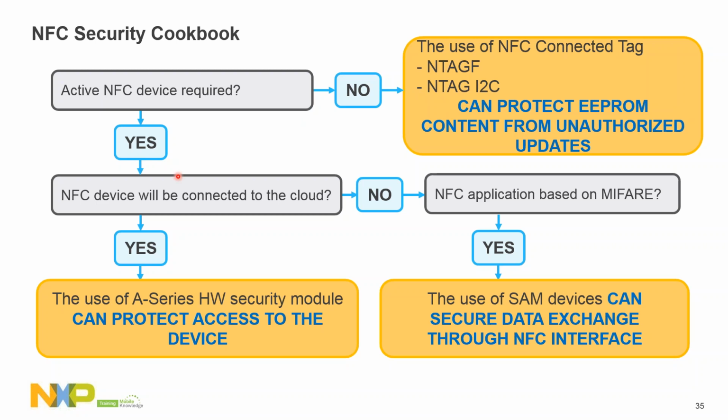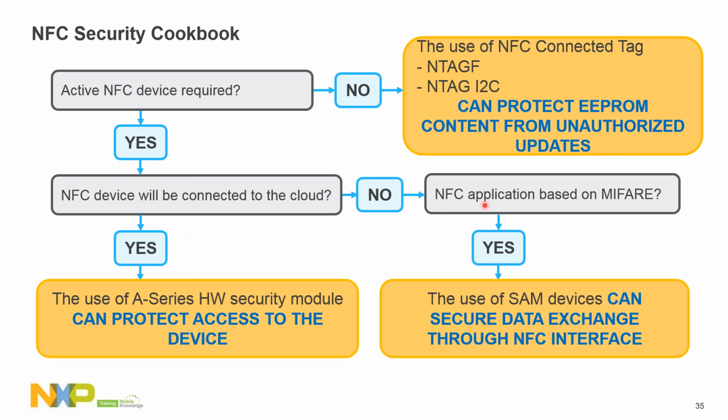But if our device is going to be an active NFC device, behaving as a reader, we need to evaluate if our device is going to be connected to the cloud. If yes, and our application requires strong protection mechanisms from unauthorized access, the A-series hardware security modules from NXP can protect the access to the device with their hardware-based cryptographic mechanisms and features.